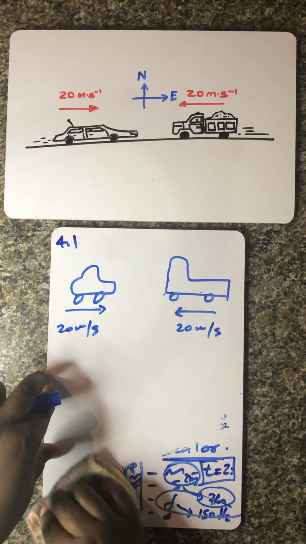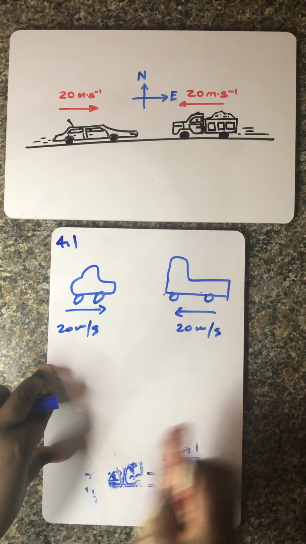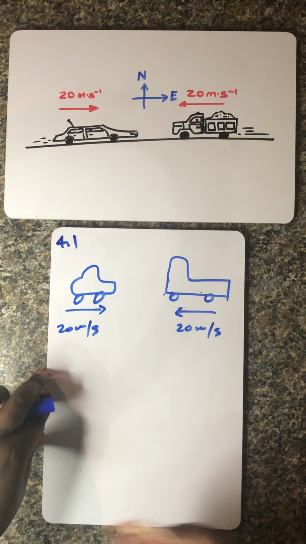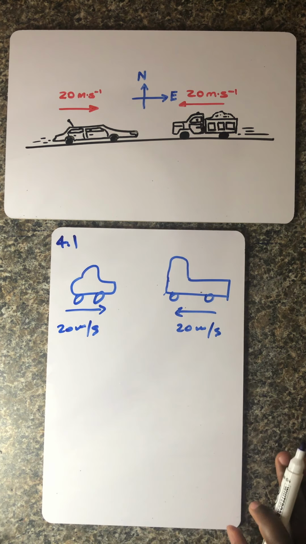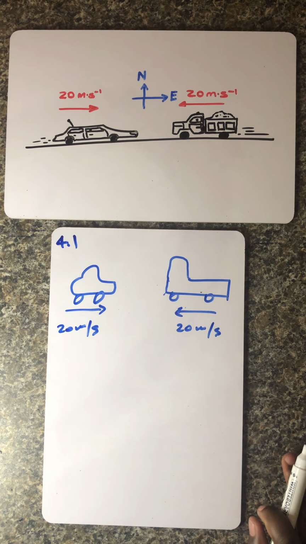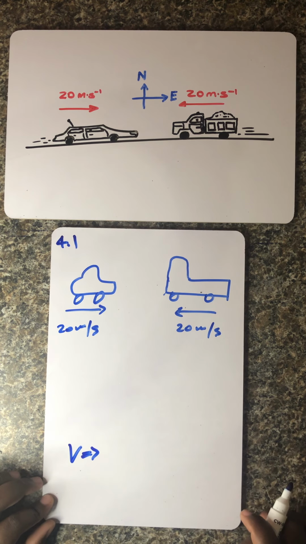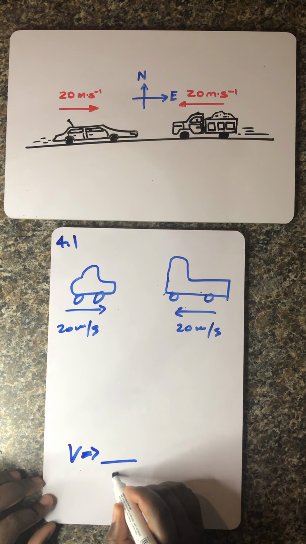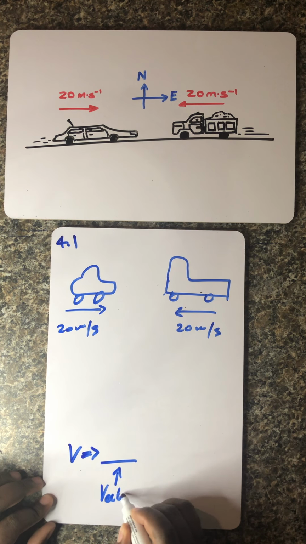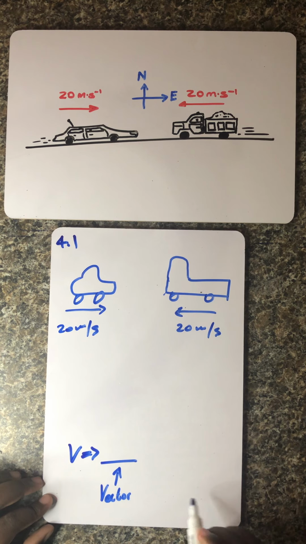Why am I telling you this information, ladies and gentlemen? Remember, the question said calculate the velocity of the car relative to the truck. So the velocity that they want us to calculate, is it a scalar or a vector quantity? It's a vector quantity, ladies and gentlemen. What does it mean when it's a vector quantity?